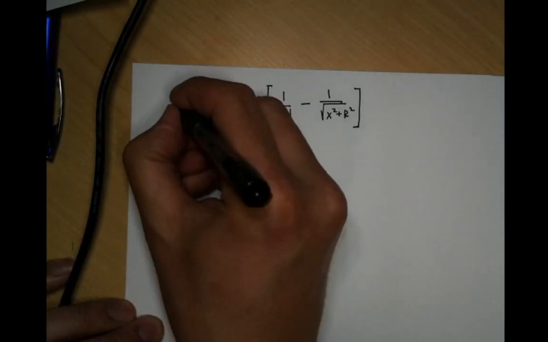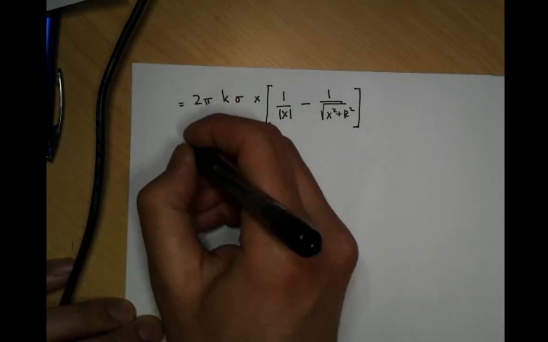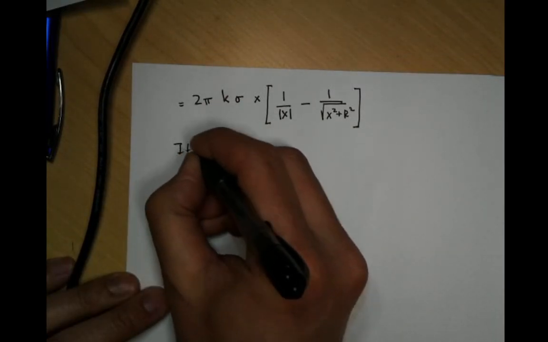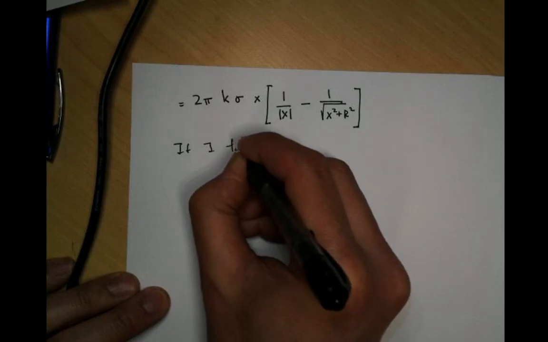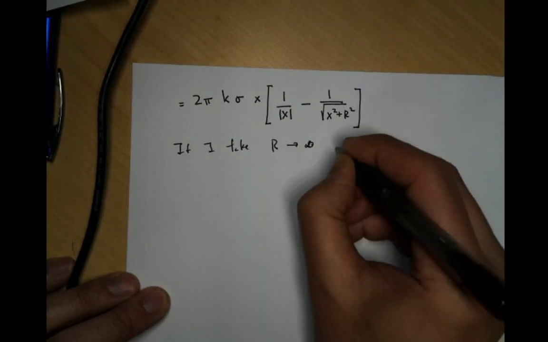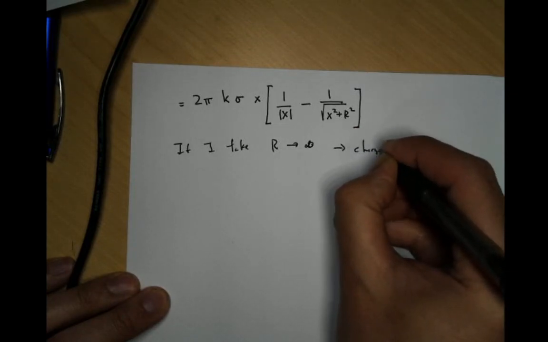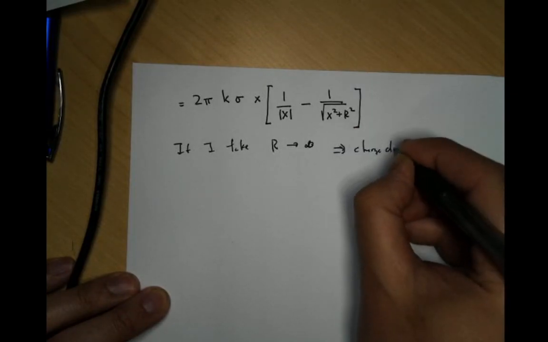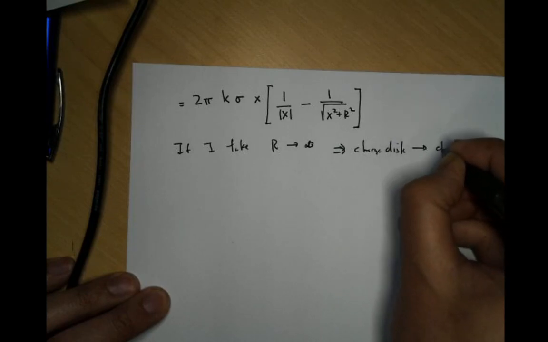That's basically the answer there, and then I can do something tricky. If I take R goes to infinity, that makes the charged disk go to a charged plane.